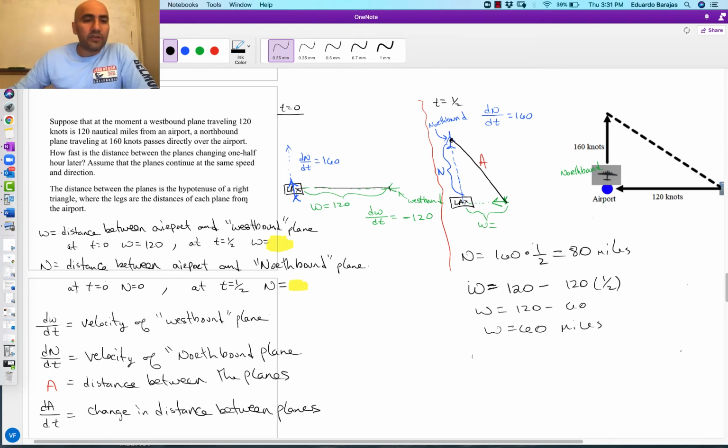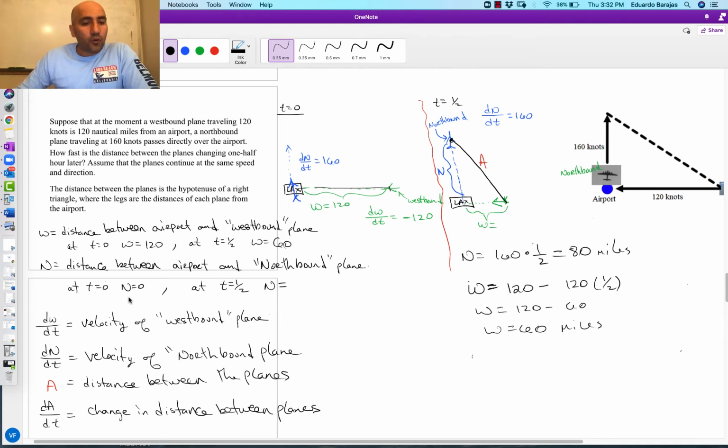Okay, so that brings me back to this. Let's fill this out now. We're ready to write it down. So at t equals 0, W is 120 miles. At time equals 0, the westbound plane is 120 miles from the airport. At t equals 1/2 hour, 1/2 hour later, W is now only 60 miles from the airport.